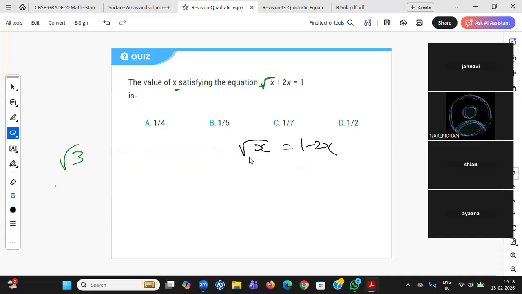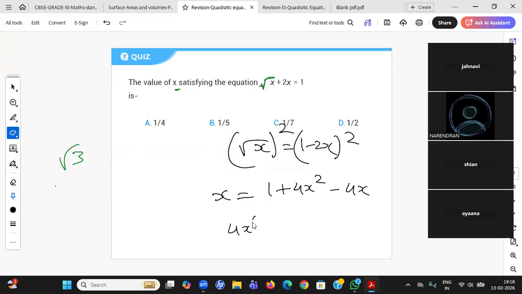So try to keep root x one side and transfer. Now you square it. Sir, now we have to square on both sides. Very good, form a quadratic equation. Very good. Okay, so just one step. You need to just make one root one side and the remaining things other side, so that square means root will get cancelled. That's all.